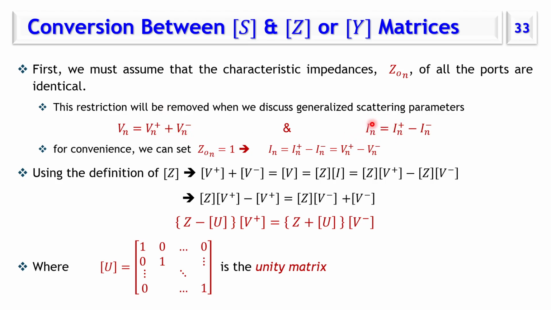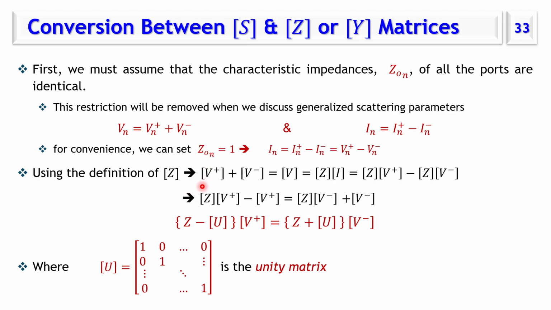The total current equals the incident current minus the reflected current. For convenience, to make it easier, we can put Z naught for port N to equal 1.